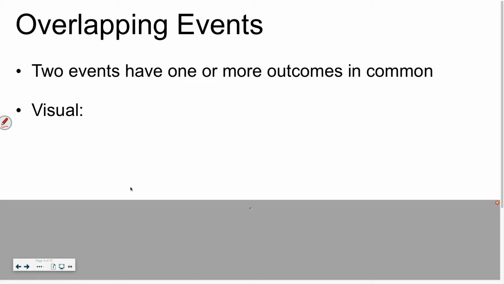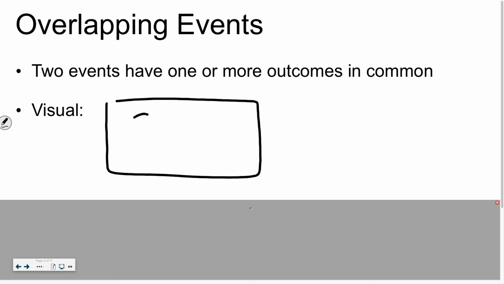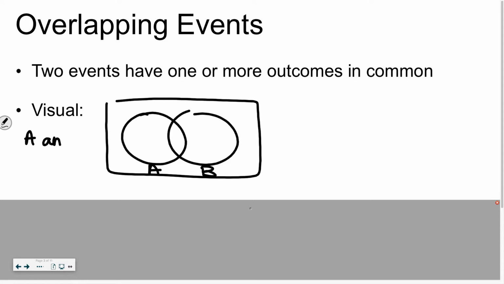So they have some overlap. That's the same picture. A and B are overlapping events. They share some outcomes in common. Where are those outcomes? In the middle of that Venn diagram.